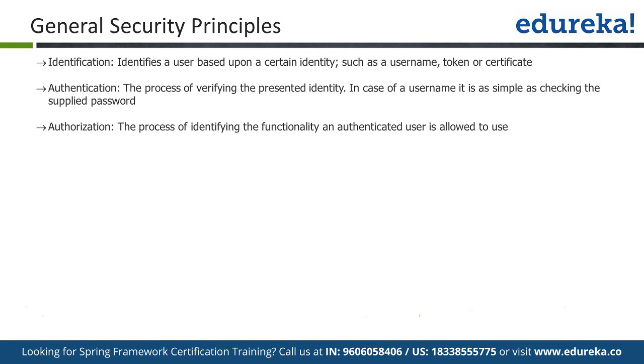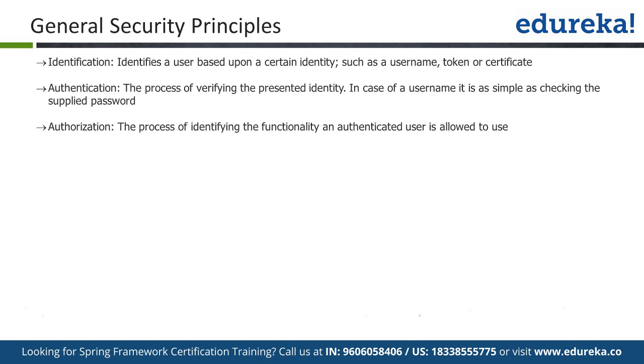Now comes the authorization. Authorization is the process of identifying the functionality an authenticated user is allowed to use. For example, you have provided the username and password to log into your application, maybe your company SAP, where you can see your profile, edit your profile, see all your accounts, employment details, and all those kinds of things, right?